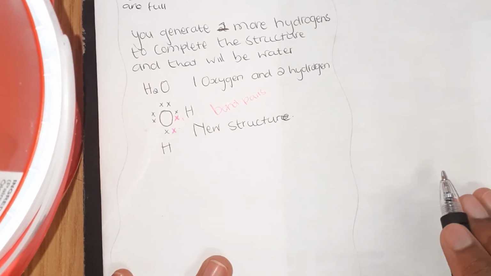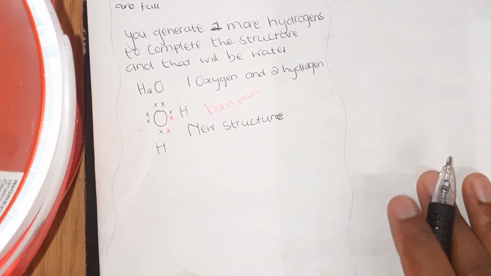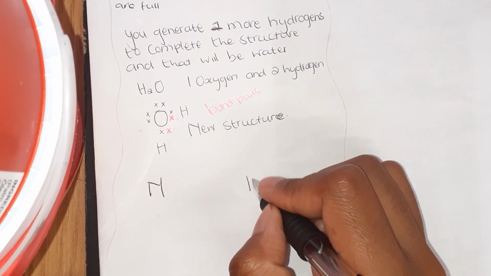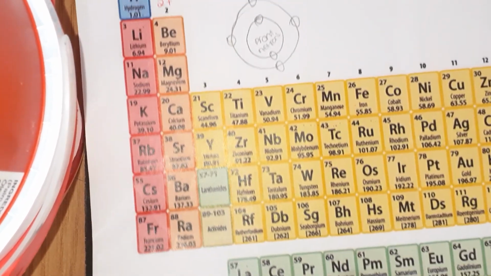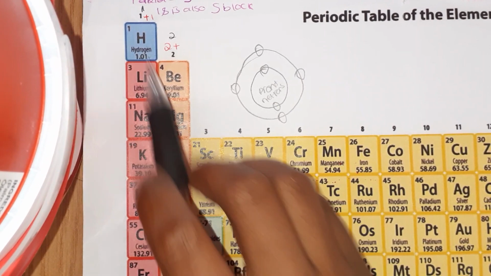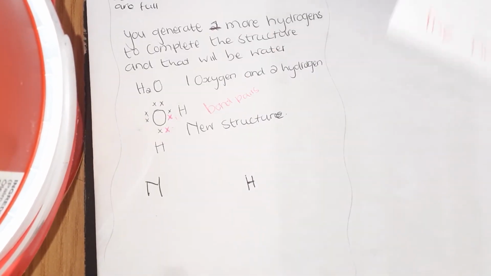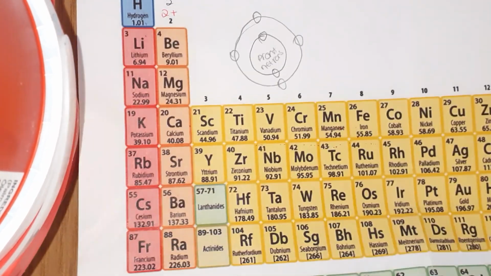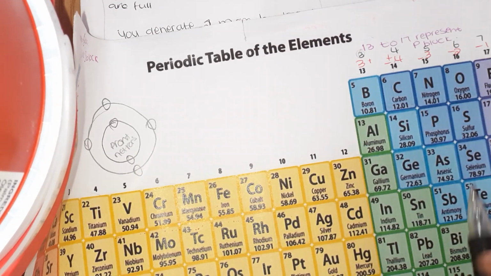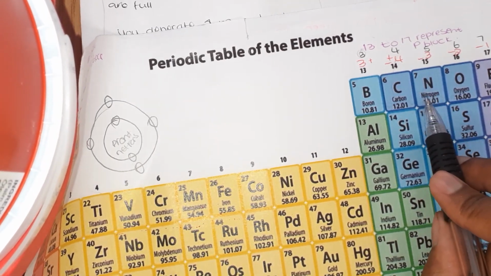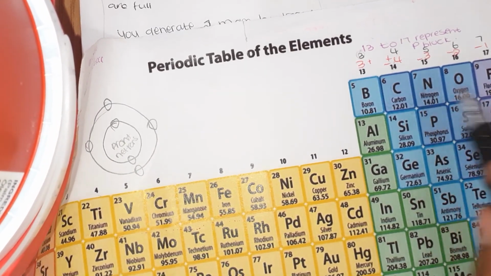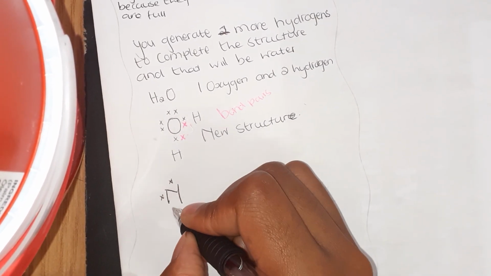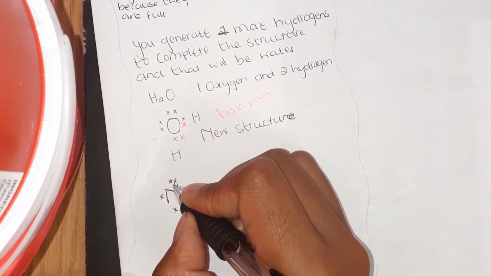So for the next example, let's try to bond nitrogen and hydrogen. Hydrogen is in group 1, so it has 1 valency electron, and nitrogen is in group 5, so it has 5 valency electrons, which will be 1, 2, 3, 4 and 5.